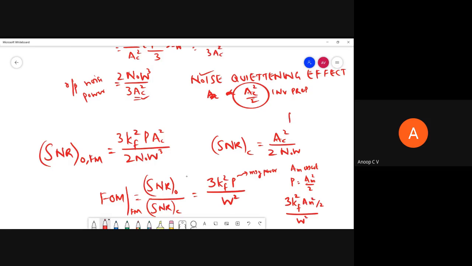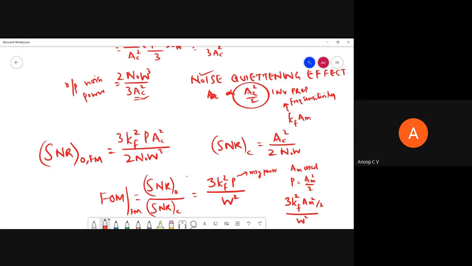What actually is this kf into AM? Now again we'll revisit this. This kf, if you remember, was called frequency sensitivity in FM, for single tone FM, I meant.